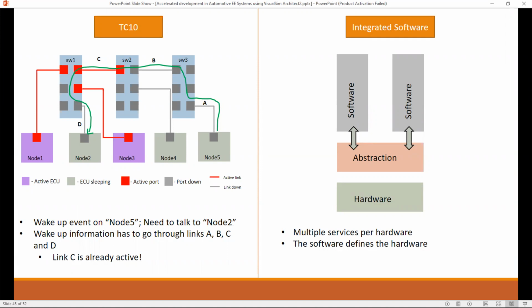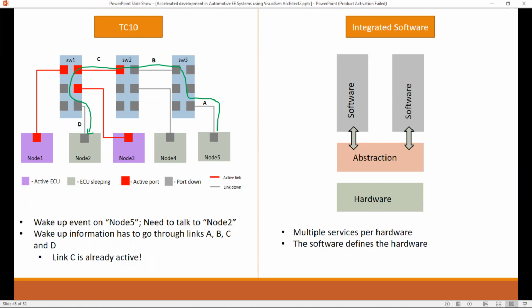For example, what happens in the protocol is that, let's say we have 3 switches, switch 1, switch 2, and switch 3, and they all have a certain set of nodes connected to them. Let's say node 5 wants to communicate to node 2. Then it must send the wake up signals over the data paths.